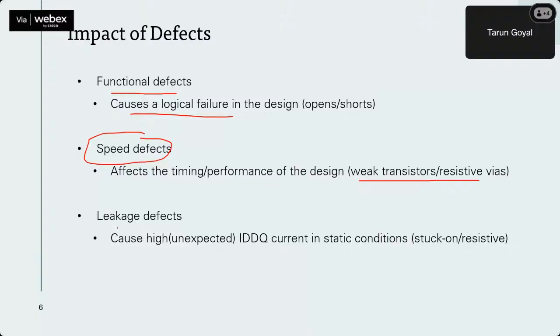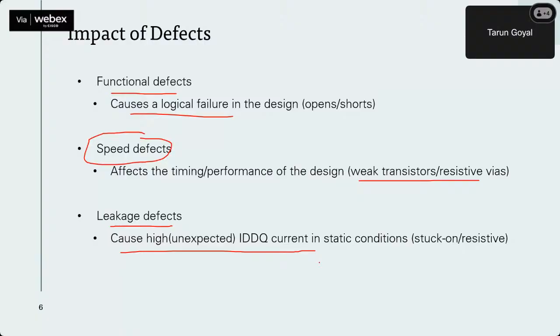Then there is a third one, the leakage defect, usually known in industry as IDDQ current measurement. Into the transistor there is a channel and drain, and a resistive path gets created between those, leaking substantially more current, and that becomes the IDDQ current measurement.